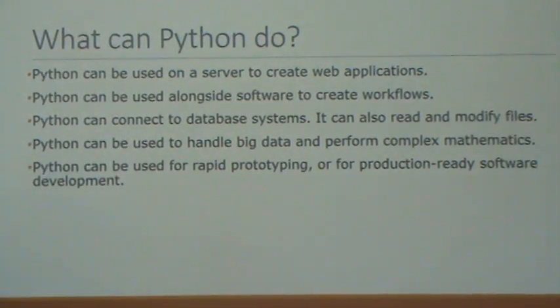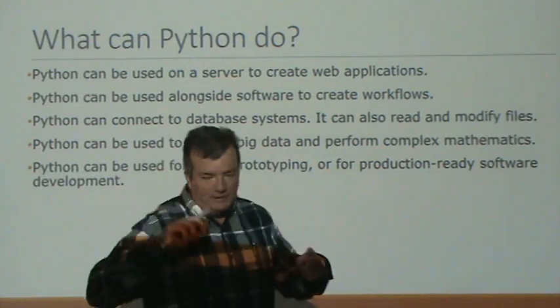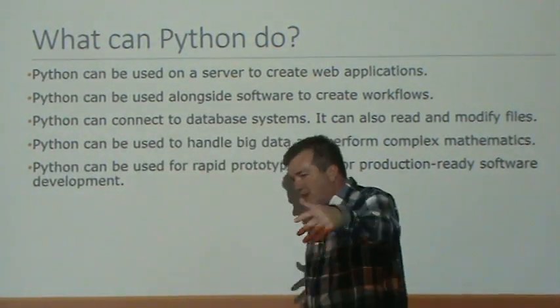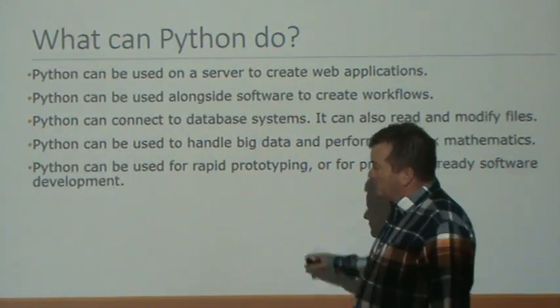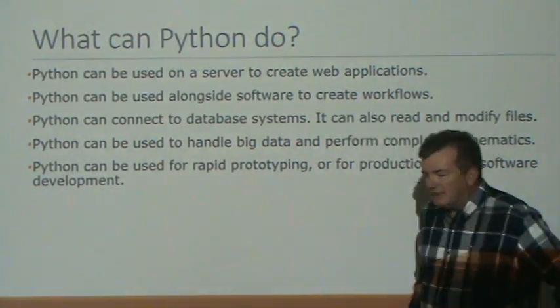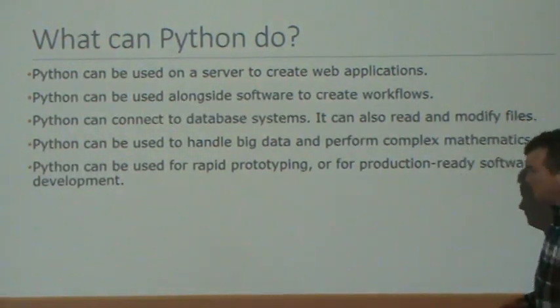And how do they know that? Well, they go through large sets of data of all the things that people are buying and putting in their cart, and they notice that there's a pattern. When someone buys toothpaste, they also buy a toothbrush. So then they can start making recommendations to you. So that's a field called data science or machine learning, and Python's a very good language for that too.